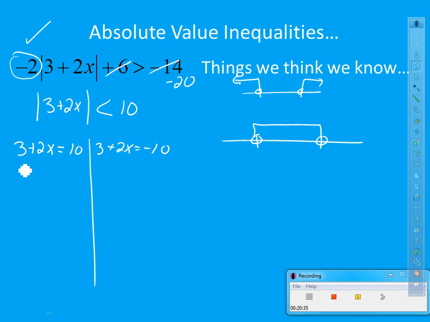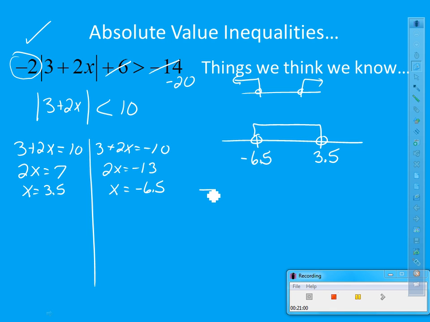I'm going to subtract away 3 and get 7. So one answer is 7 over 2, 3 and 1/2, 3.5, you pick it. On this one, I'm going to subtract away 3 and get negative 13. Divide both sides by 2 and get negative 6.5. So 3.5 goes here, negative 6.5 goes there.